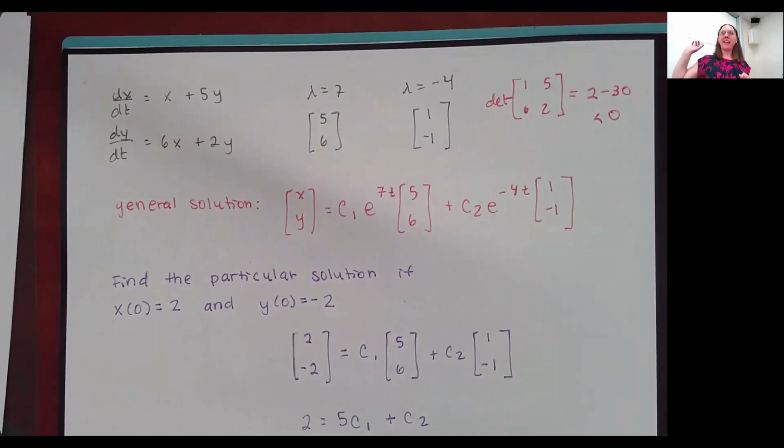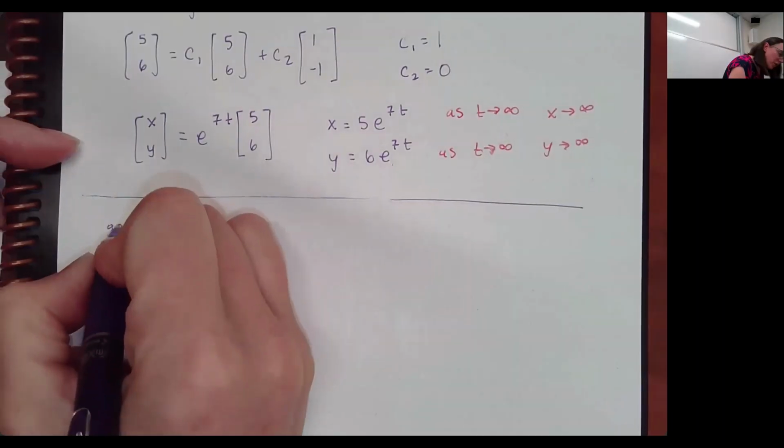Recap: if my eigenvalues are all negative, then everything's going to 0, 0. If my eigenvalues are all positive, then everything's going away from 0, 0, or my equilibrium. And if I have one of each, then it's going to be a saddle point. This is my general solution.